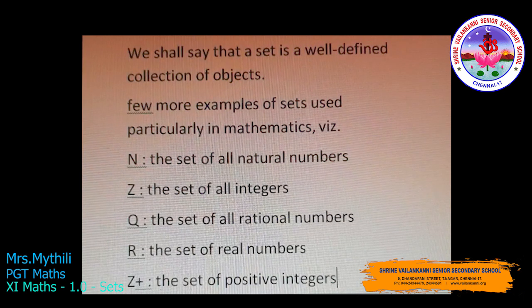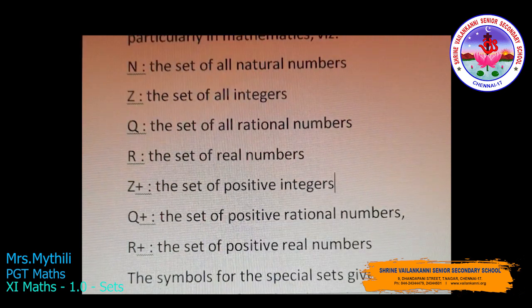Capital R, the set of real numbers. Z plus, the set of positive integers. Q plus, the set of positive rational numbers. R plus, the set of positive real numbers. These are the symbols which are used for the special sets, which will be referred to throughout this text.